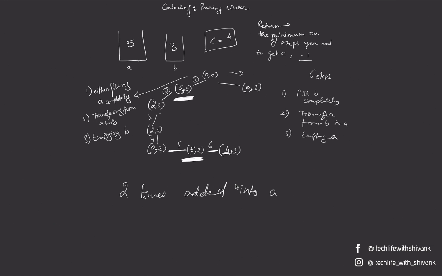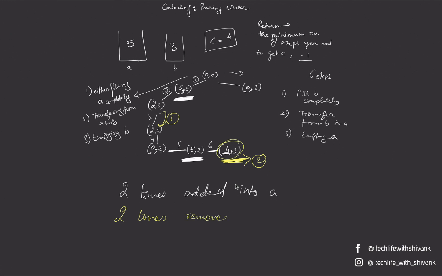And we removed water from B in this step, which is 1 time. And we'll have to remove water from B in this step for the second time to get exactly 4 liters of water in one of the containers. So basically 2 times removed from B to get exactly 4 liters of water.